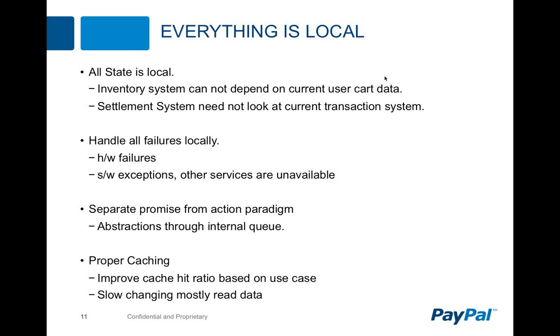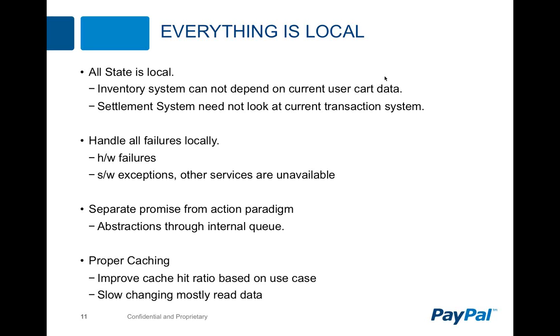Because if a user is adding an item to the cart, okay, as an inventory system, yes, I need to know that so that I can place an order with my vendor to get that item into my warehouse, right? Or if I'm a settlement system, yes, if I know a particular transaction is going through now, I can settle it quickly. But I shouldn't be worried about it if the transaction system goes down, that's fine. I should still be able to do settlement for transactions that I know of.